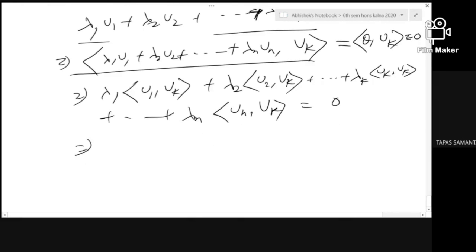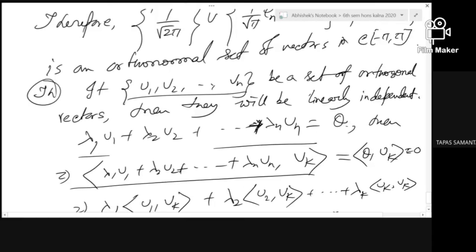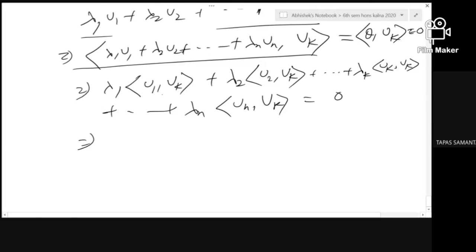Now, since we have assumed that this is an orthogonal set of vectors, they are orthogonal to each other. Therefore, their inner product is 0, except this one.